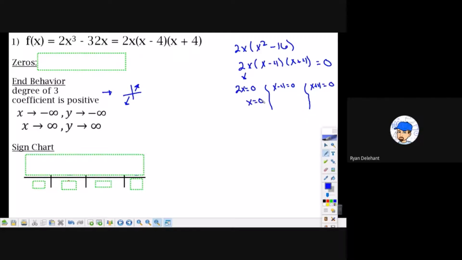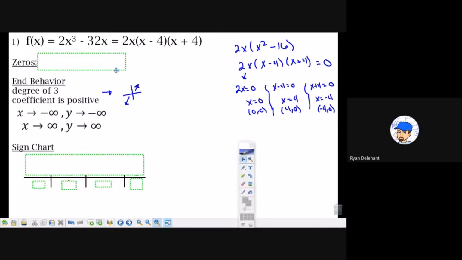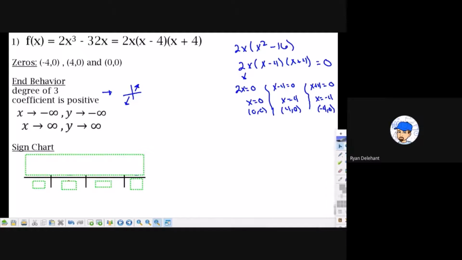So this one is 0. This one is 4. This one is negative 4. And those are points. 0, 0, 4, 0, and negative 4, 0. And I listed them up here just like that.